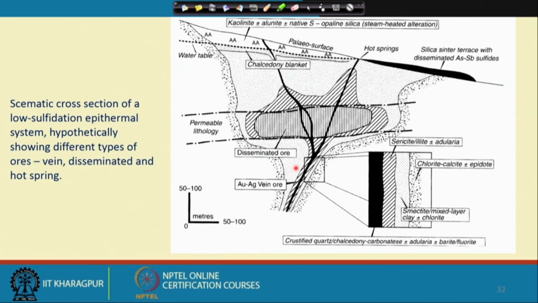Here we can see the disseminated ore and this gold-silver vein ore, and a magnified view of these veins shows alteration to chlorite, calcite, epidote type of alteration, smectite mixed layer alteration, sericite type of alteration, and adularia, which is a low temperature form of potash feldspar, also associated with the sericitic alteration zone around these kinds of veins.